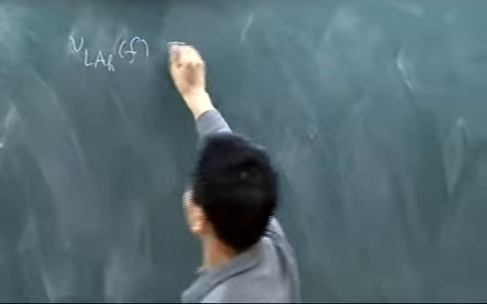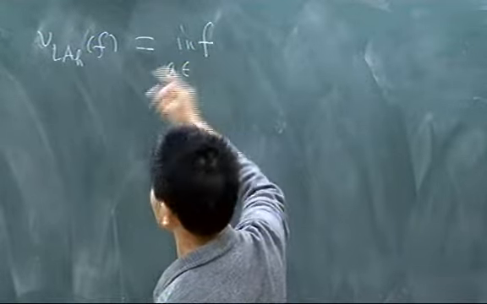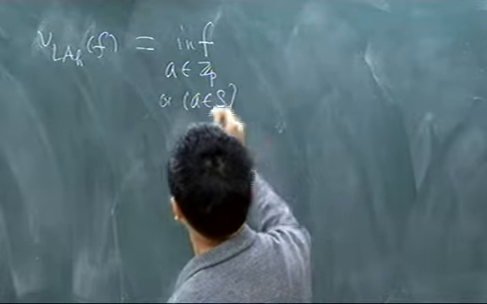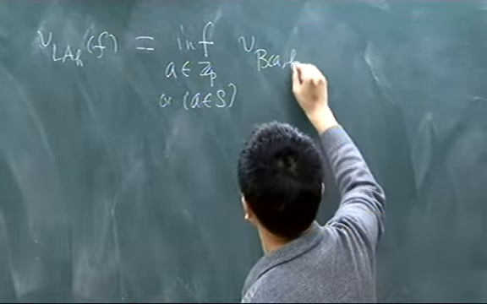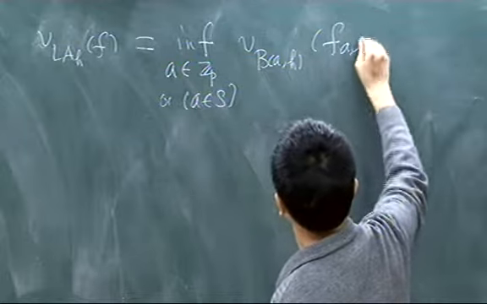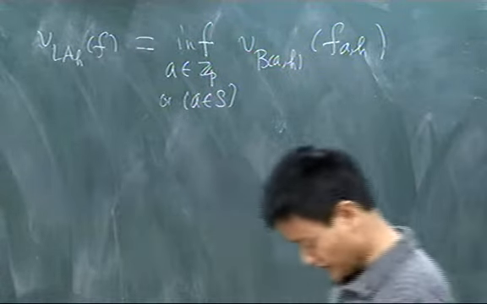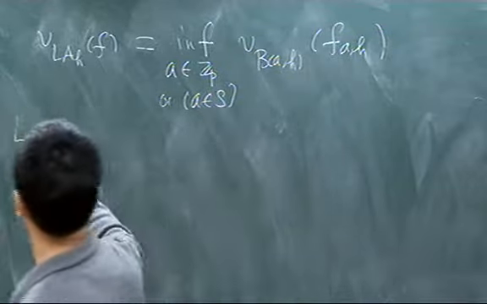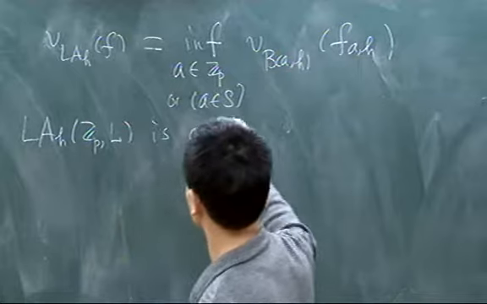The valuation is over all a contained in Z_p, or you can replace with a contained in S, and then v_{B_{a,h}} of f_{a,h}. This is the valuation. Under this valuation, LA_h(Z_p, L) is a Banach space.